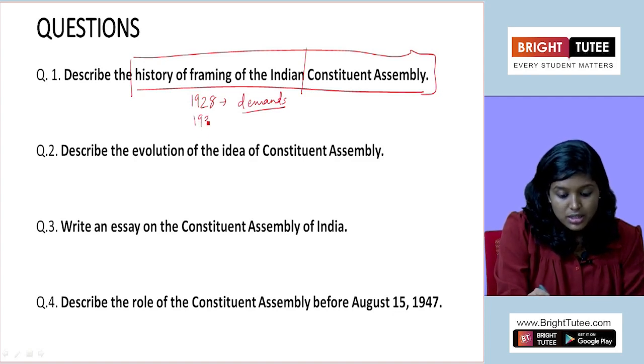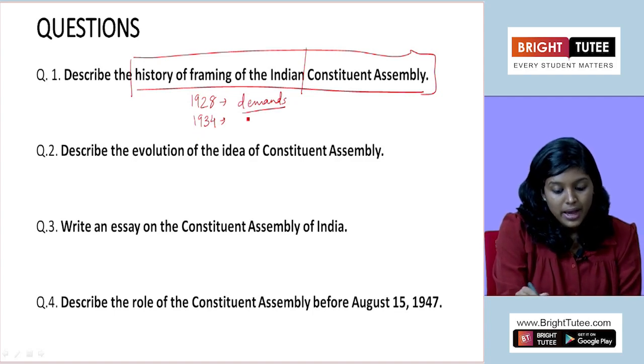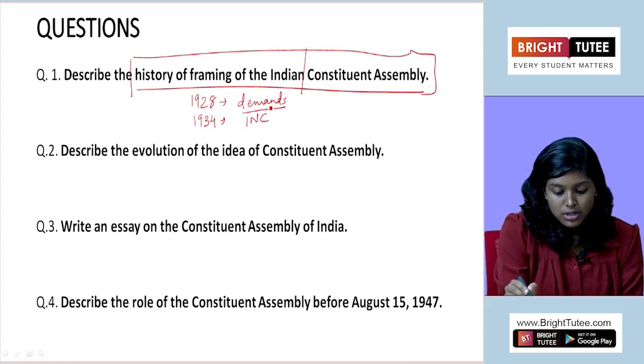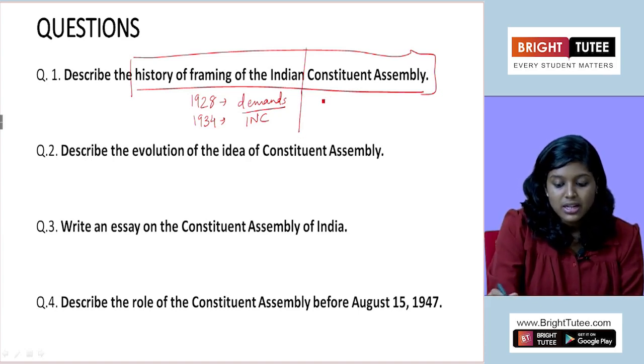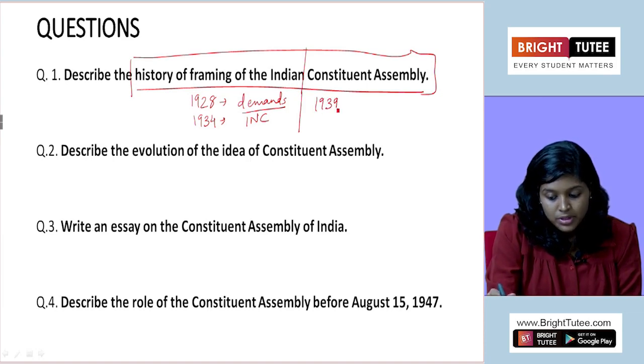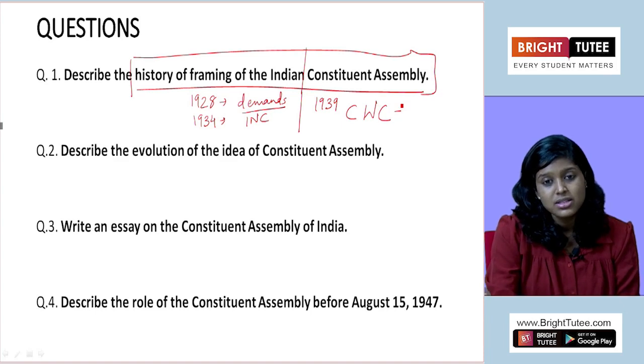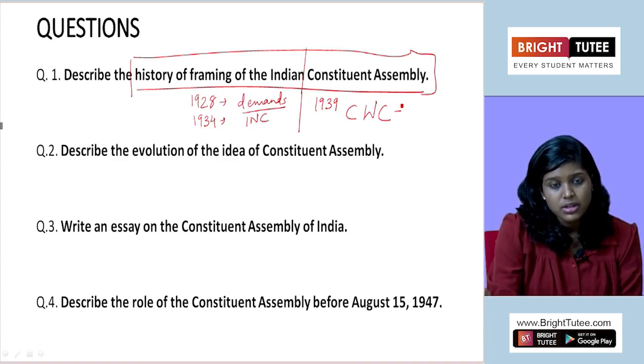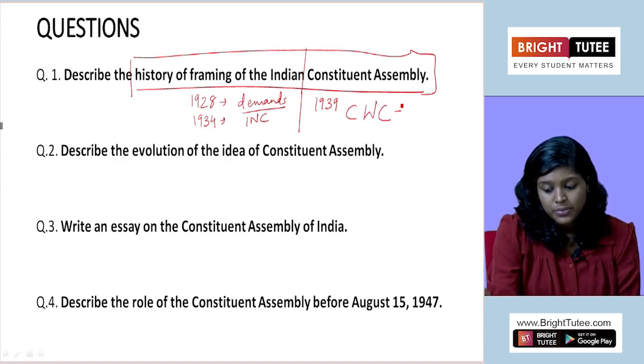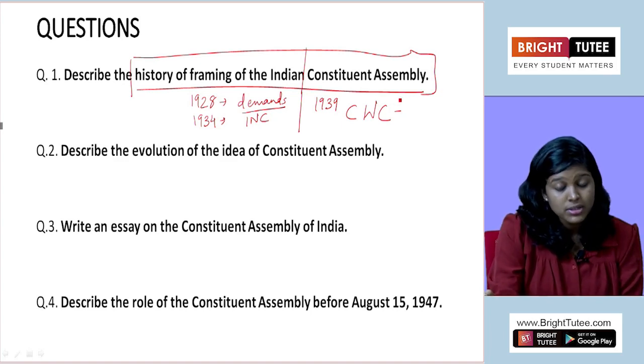And in 1934, again a demand is made by the Indian National Congress. That is also not given proper attention by the British. And in 1939, the Congress Working Committee again raises this demand for a Constituent Assembly. That also fails to get any attention.